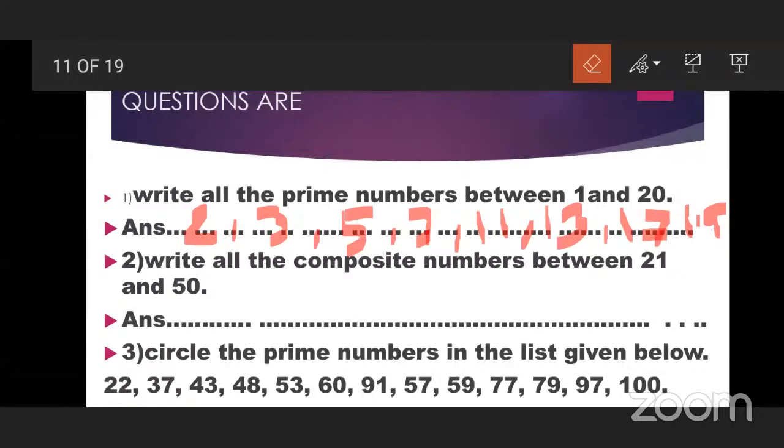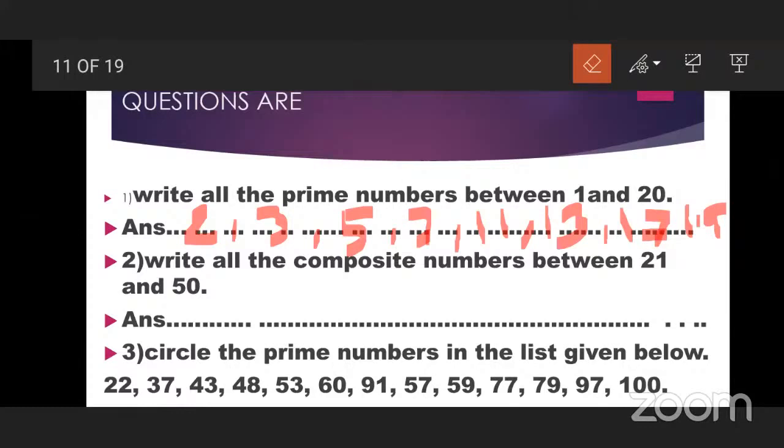The third question is: circle the prime numbers in the list given below. So keep in mind, 37 is a prime number, with factors one and the number itself. Which is the prime number here? Is 22 a prime number? No, because 22 has more than two factors.